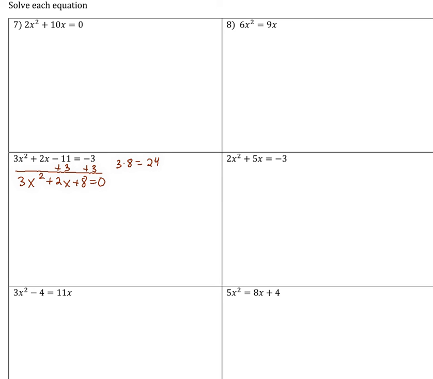All right, I need to pay attention to what I'm doing. That should be a negative 8 there. Okay. Minus 8 equals 0. So we have negative 24. What two factors of negative 24 are going to add up to positive 2? Get this back up here.